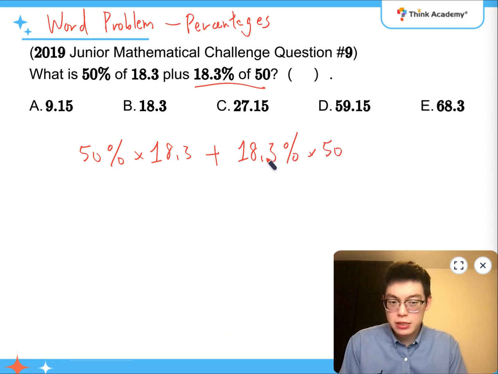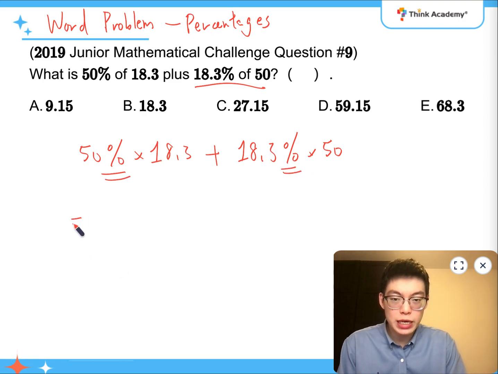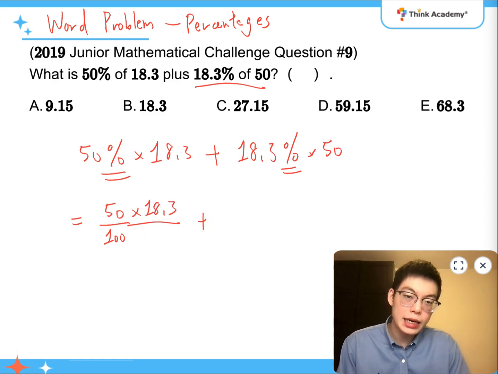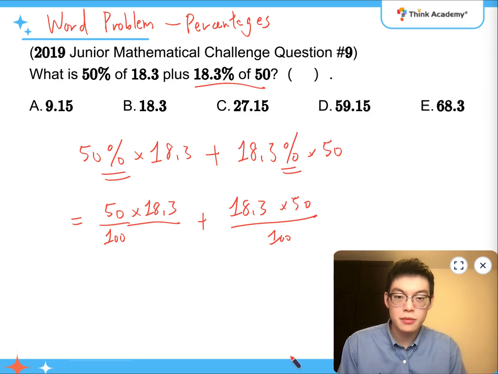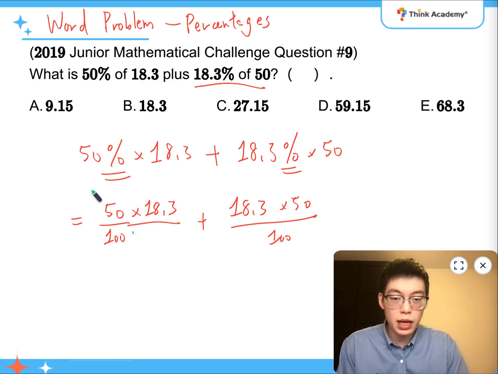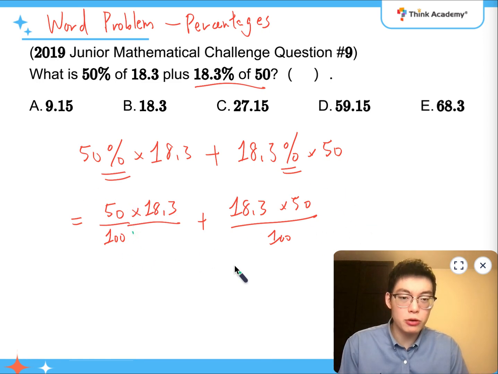And we know that is actually just fractions, right? So we can convert them into fractions such that I have 50 divided by 100 times 18.3. Adding 18.3 divided by 100 times 50. And you can see that they are actually the same. So if you find the common multiplier between them, everything is a common multiplier.